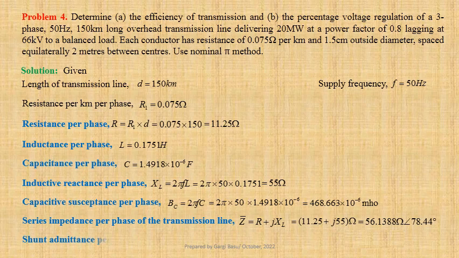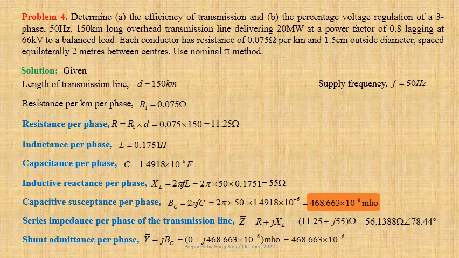Shunt admittance per phase Y equals J times BC, that is equal to 0 plus J times 468.663 into 10 to the power minus 6 mho. This may be written in polar form as 468.663 into 10 to the power minus 6 mho at an angle 90 degree.